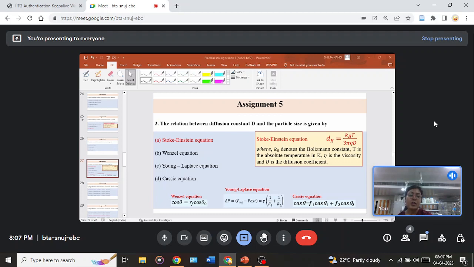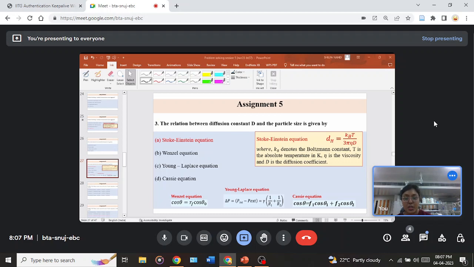So the Young-Laplace equation is basically the basis for pendant drop shape analysis. If you go back and see the various methods for determination of surface tension, you will see there is a particular method, pendant drop shape analysis, wherein we use this particular equation, which is the Young-Laplace equation.